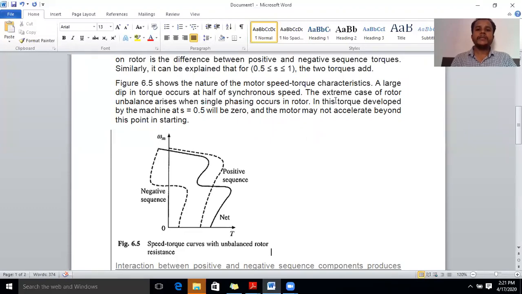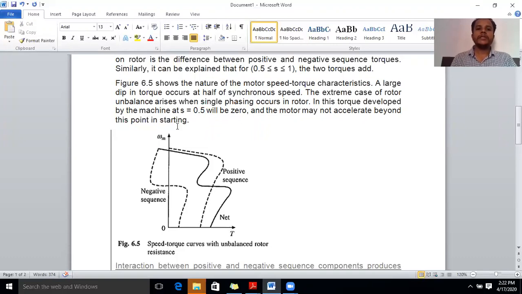The extreme case of rotor unbalance arises when single phasing occurs in the rotor. So unbalanced rotor impedance operation and single phasing are the same.